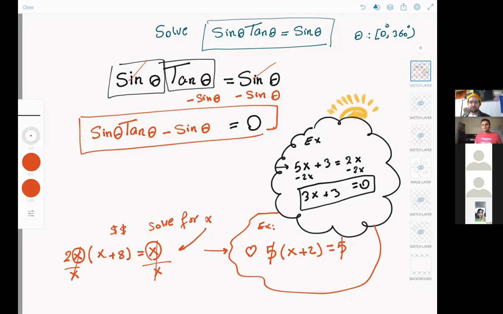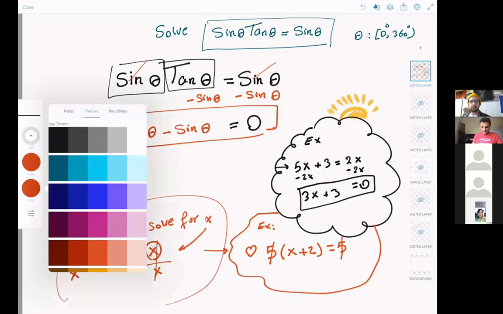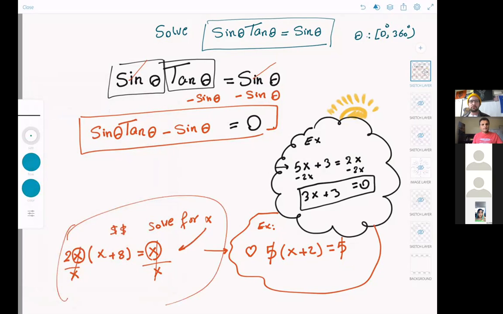Correct, Elizabeth? So yeah, that's true that you can divide by sine of theta to cancel it. Or in this example, we can divide by x to cancel the x. One reason we don't want to cancel is that x is something we are looking for.